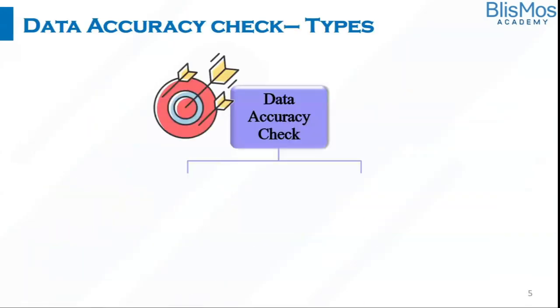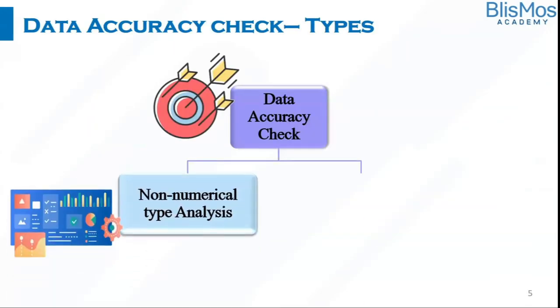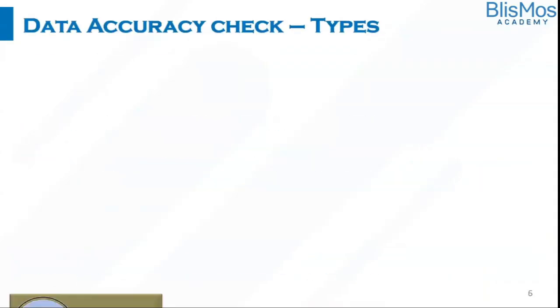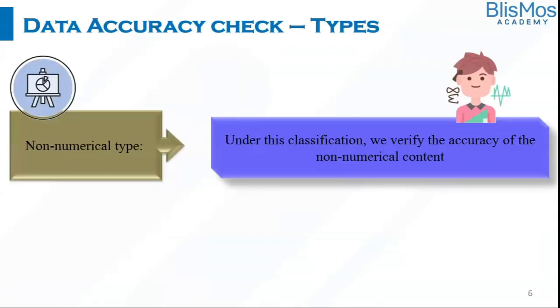In data accuracy check, we do have two types. One is non-numerical type analysis. The second one is domain analysis. What exactly is non-numerical analysis? In non-numerical analysis, we verify the accuracy of the non-numerical content. It is mostly any data which is non-numerical.